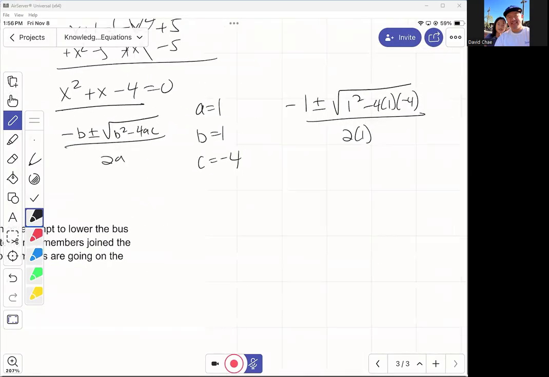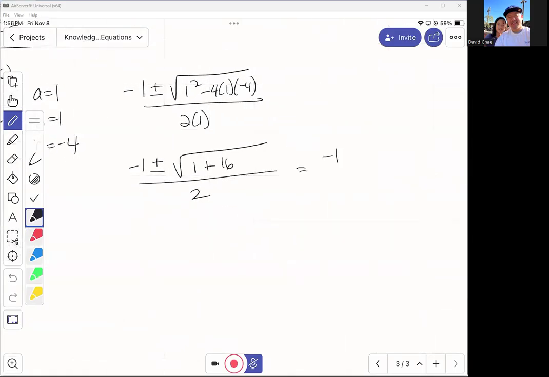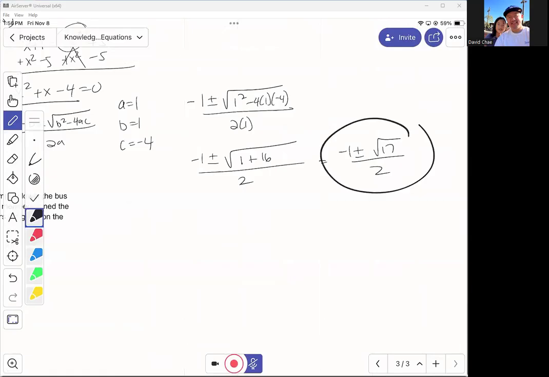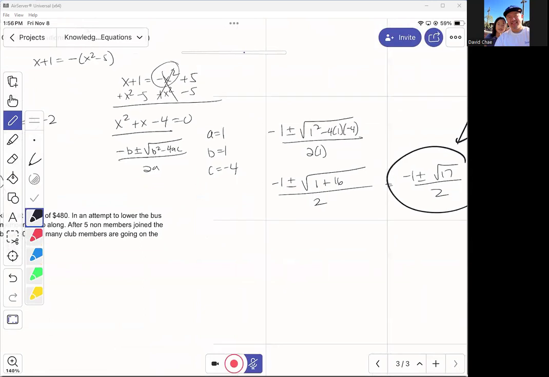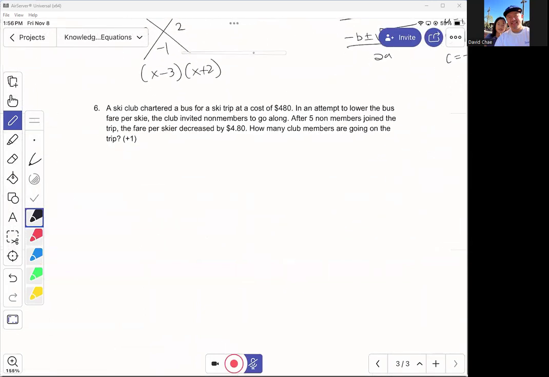This is 1 plus 16 all over 2, so the final answer is negative 1 plus or minus radical 17 over 2. Those are two answers right there. All right. Cool.